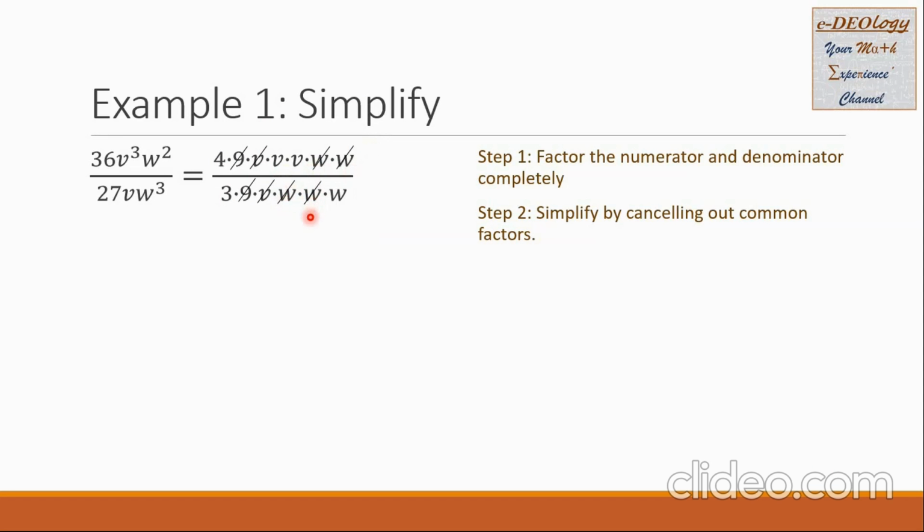So after cancelling all the common factors, we will collect the remaining terms. In the numerator, we copied number 4. And for the variable v, there are 2 v's here, so I put here v squared. In the denominator now, I copy number 3 and also the w. So this is now our answer.